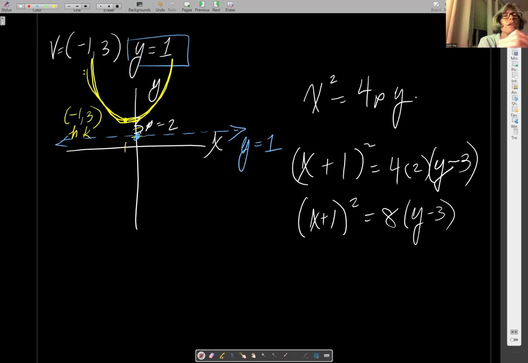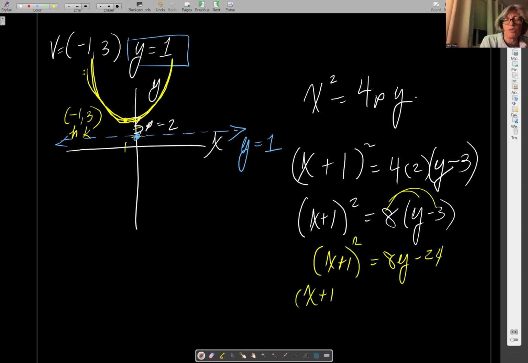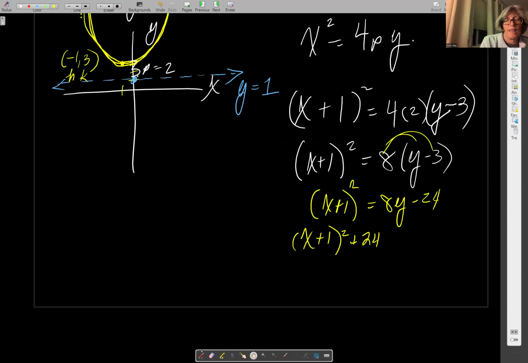Now to get it in the vertex form, you can distribute. So that's (x plus 1) squared equals 8y minus 24. I bring the 24 over, don't drop the square. (X plus 1) squared plus 24 equals 8y.